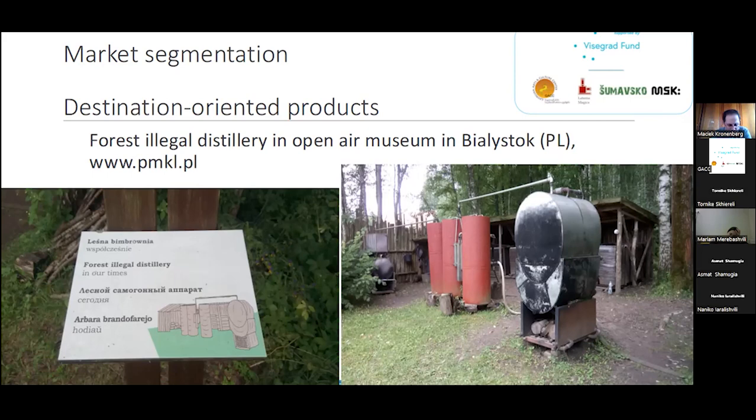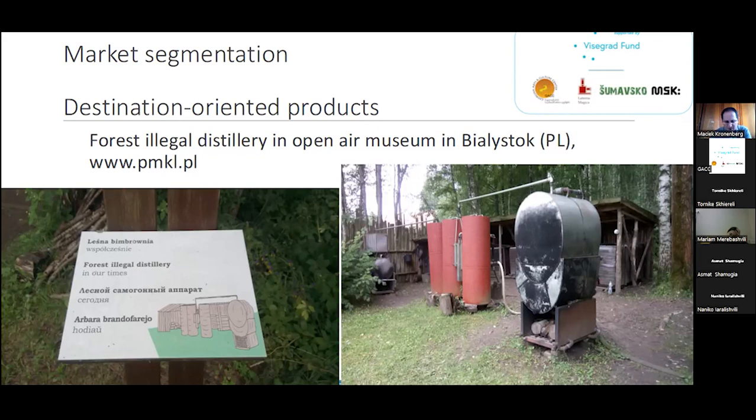A few years ago, the police found such an illegal distillery in one of the forests surrounding Białystok in eastern Poland, and they decided that it's so well preserved, it's of even historical value, as all the machinery is about 50 years old, that it's worth putting in the local museum. So it was given to the local museum, and now it's on display in the local open-air museum in Białystok.